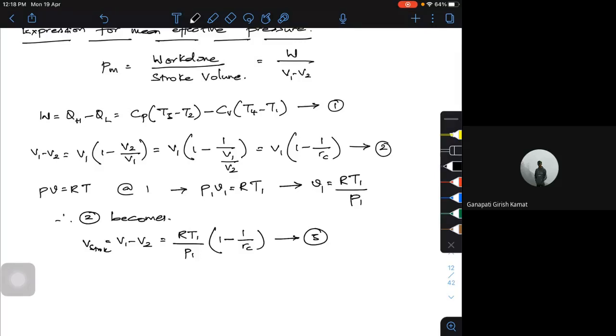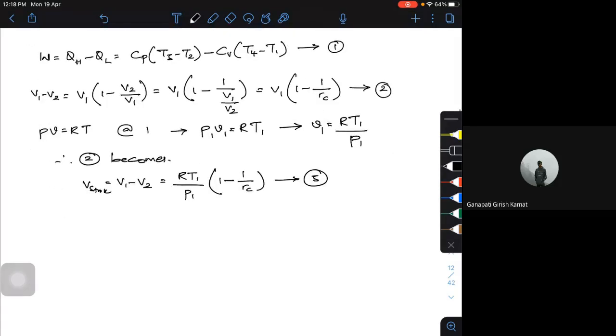We know the relationship between Cp and Cv. Cv is equal to R divided by gamma minus 1, or R is equal to Cv into (gamma minus 1). You might have studied this in your basic thermodynamics course.